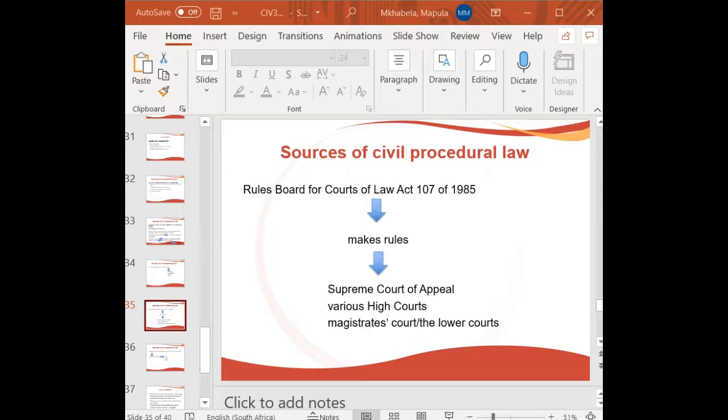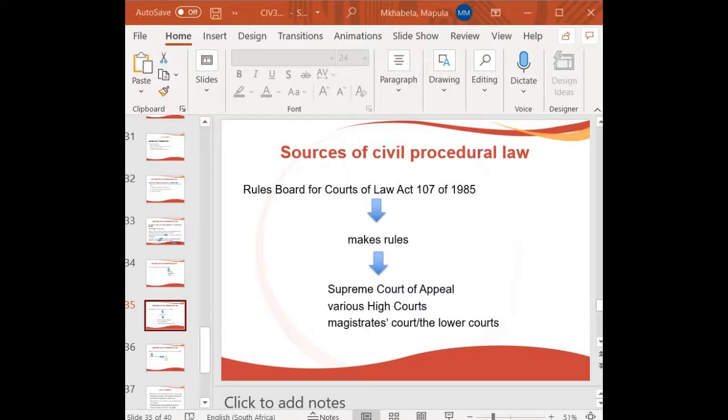The effect of these rules was to repeal all previous rules of the various divisions of the then Supreme Court, except those rules of a particular division regulating court terms, vacations, sessions, and set down, which remain as rules for specific high courts.